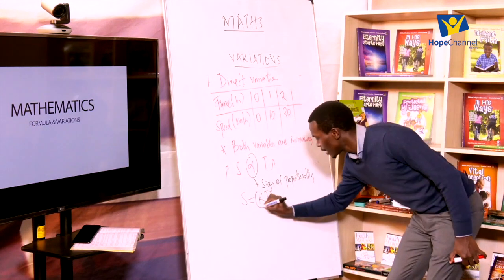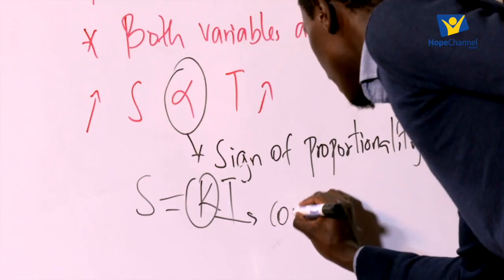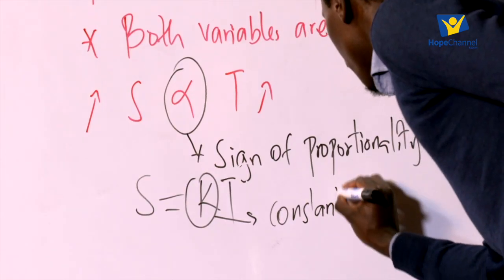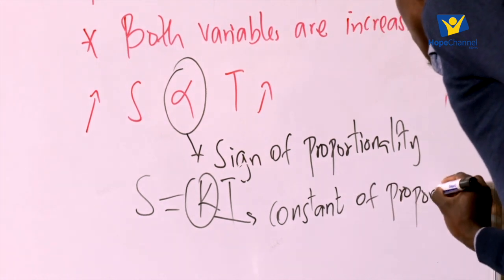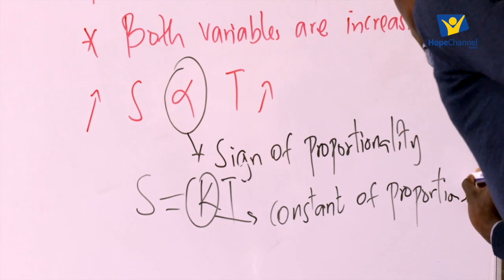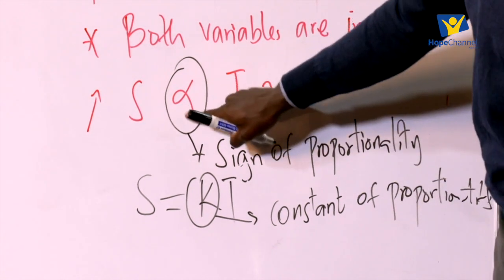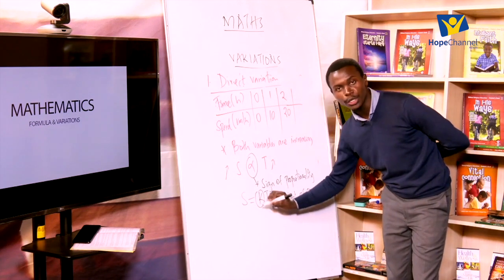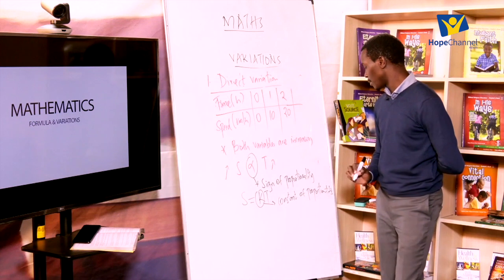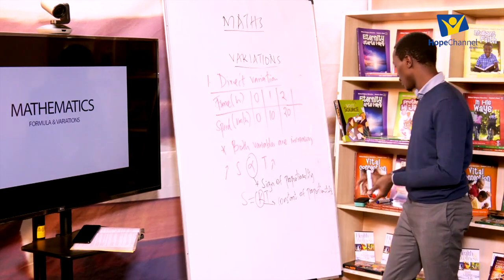This k is the constant of proportionality. Instead of the sign of proportionality, we replace it with an equal sign and then introduce a constant of proportionality. That is an example of direct variation.